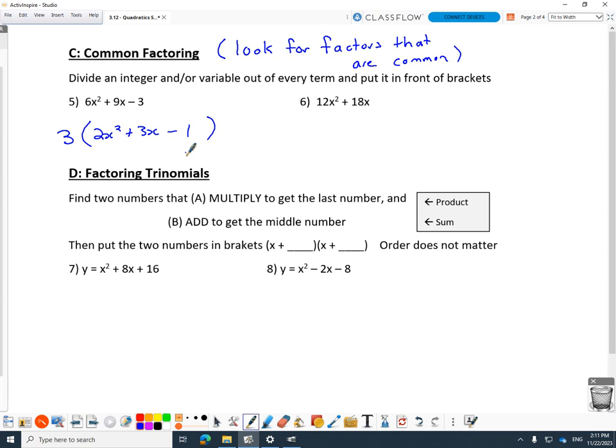It does get a little bit harder when there's x's involved, but only this much harder. What number divides into 12 and 18? You could do 2 or 3. 6. If both 2 and 3 go, then 6 definitely goes. But something else can come out of both of these.